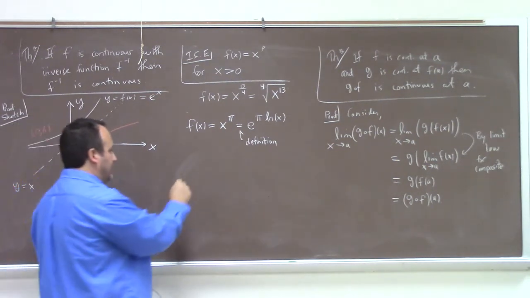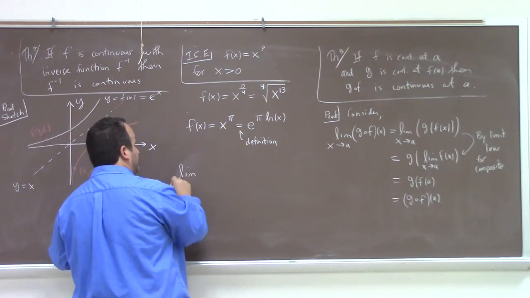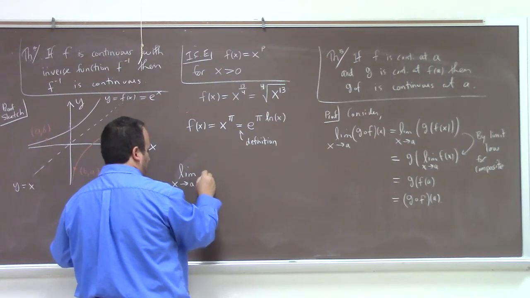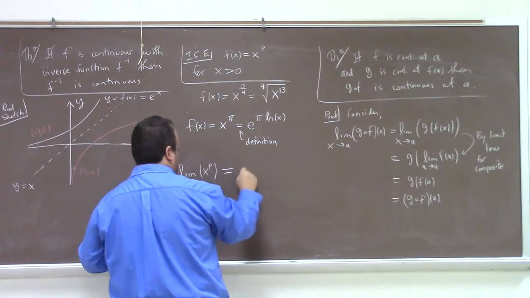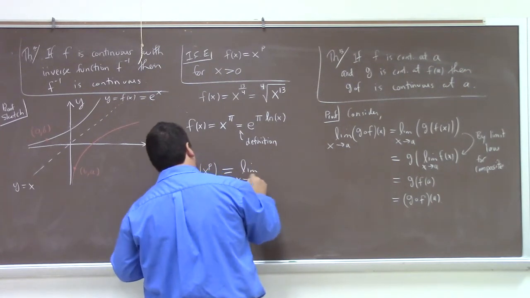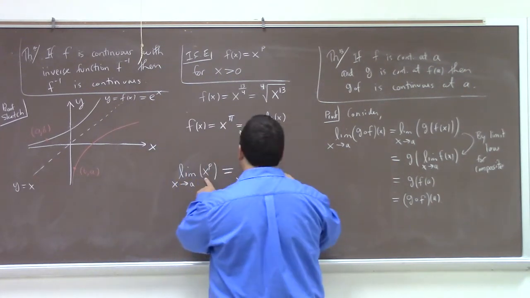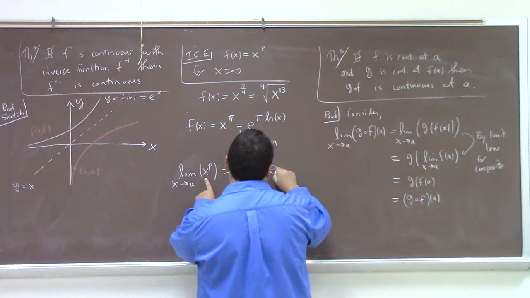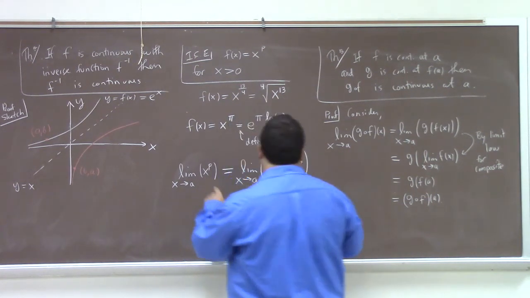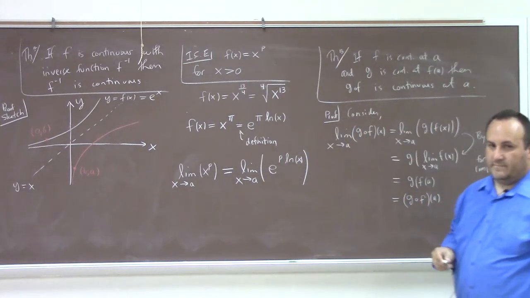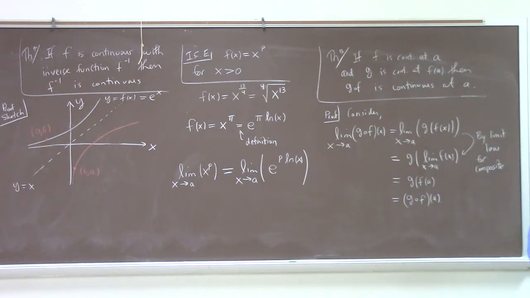So check this out. The limit as x goes to a of x to the p, right? It's the limit as x goes to a of what? Well, x to the p, remember, is e to the p times the natural log of x. That's how we define x to the power p when p is not rational.